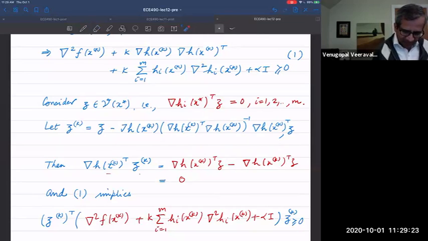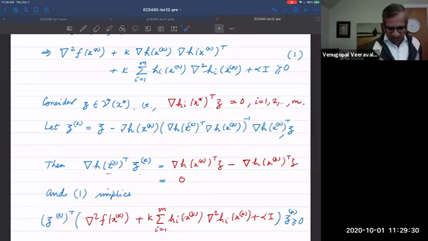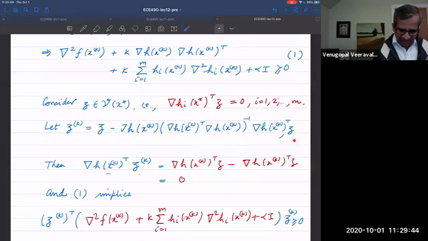Yeah, anyone? Not 0. What we know is that this xk is going to x star, and the gradient of hi at x star times z is equal to 0, right?